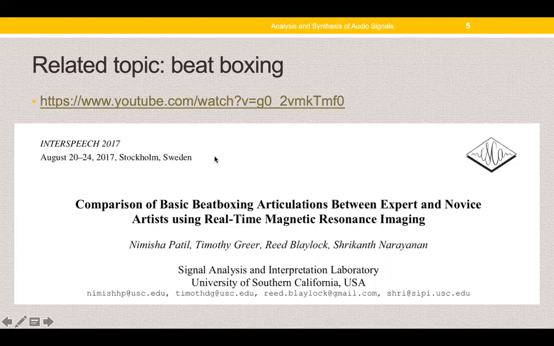They do diverse research in all different fronts of speech processing. One paper that I encountered a few years ago at the conference Interspeech compares beatboxing articulation. Articulation means to pronounce, basically, to produce a sound. So they compare experts and novices using MRI.